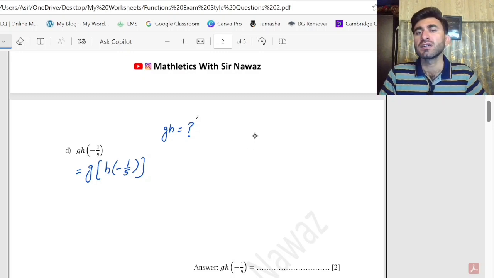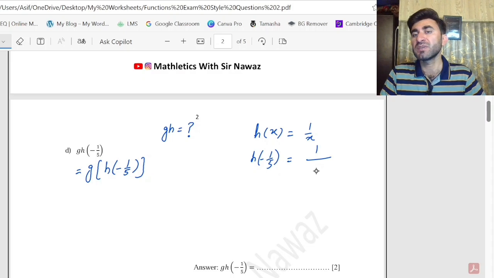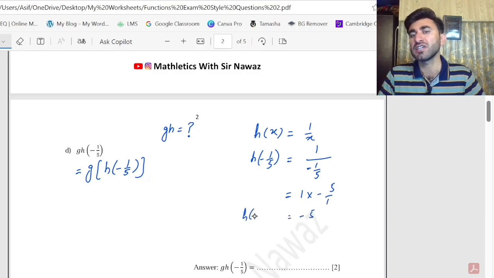First, because function h of x was 1 upon x, h of minus 1 upon 5 shall become 1 upon x replaced with minus 1 upon 5, and because there are two fractions, the denominator shall be reciprocated, so it will become 1 times minus 5 divided by 1, that is definitely minus 5. So that is the value of h of minus 1 upon 5.